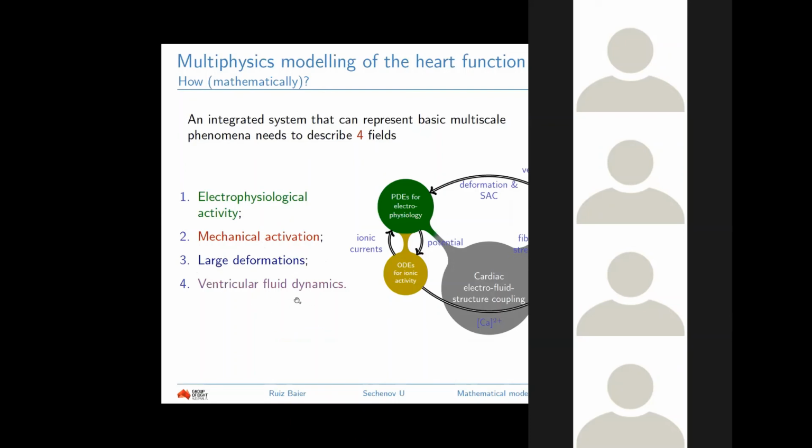And you also have the fluid dynamics, because you have blood inside of the ventricles that is eventually pumped out to the rest of the body. So those are the connecting dots in your model, and all of those components in your model are solved using numerical methods.